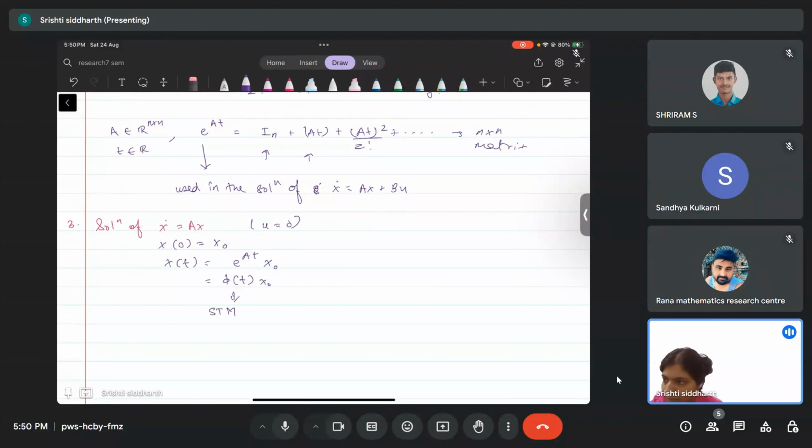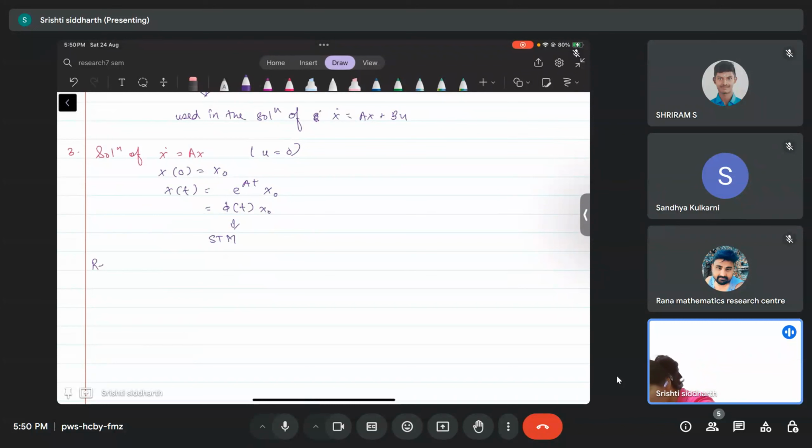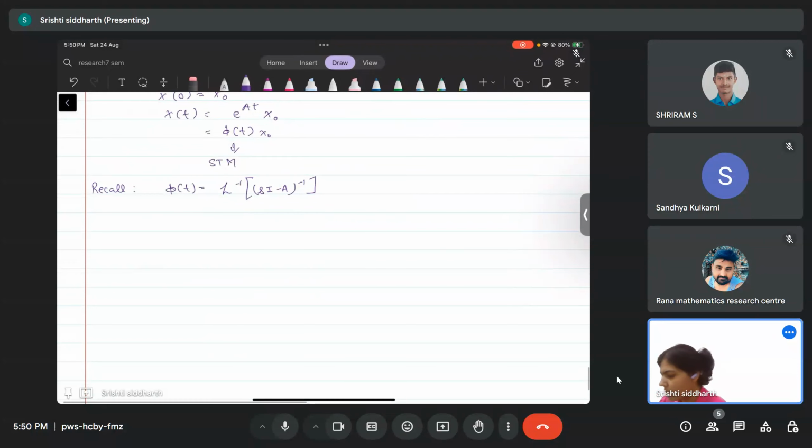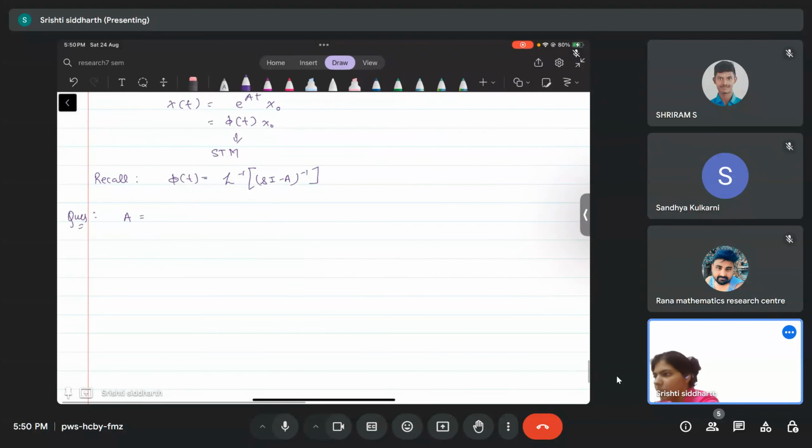Also recall that there were many ways to calculate the state transition matrix, and one of them was using the Laplace inverse. So phi t is the Laplace inverse of sI minus A inverse. As this is clear, let's see a question. I'm going to write down the A matrix directly as a second order system.